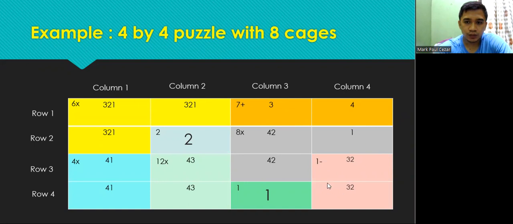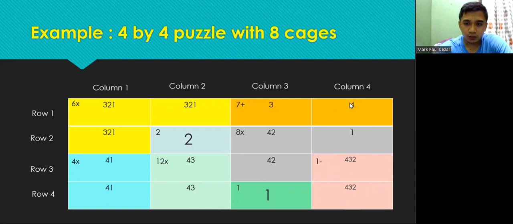So next, I'm going to manipulate this target number 1, and the indicated operation is subtraction. So since I use the number 4 here in this column, if you will check, I have a possible combination or number here of 4, 3, 2.